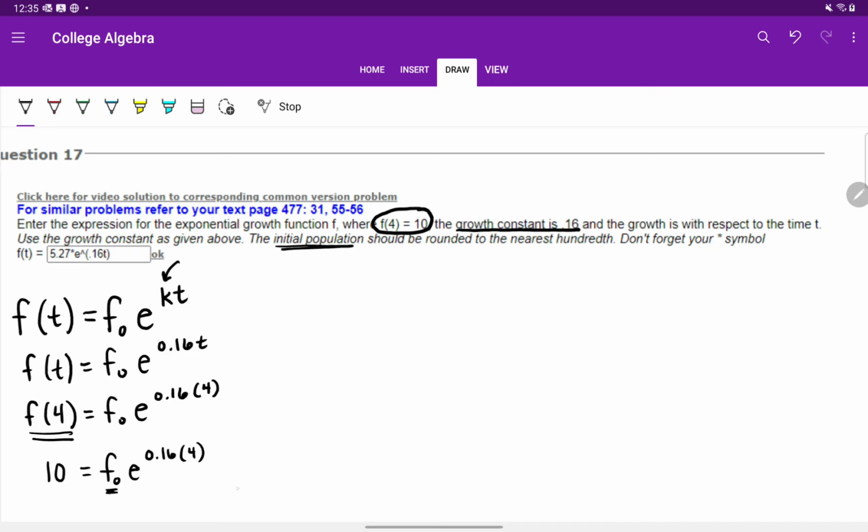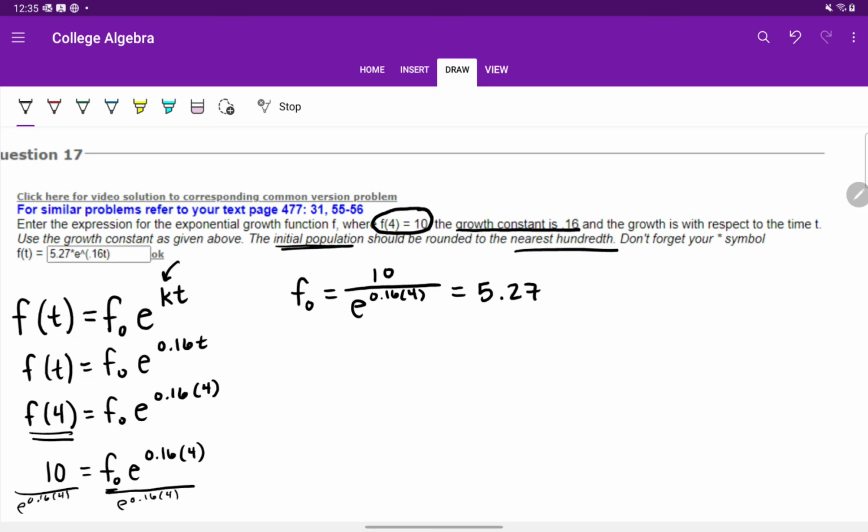So we're going to divide both sides by e to the 0.16 times 4. So we would end up with f naught equals 10 divided by whatever this is equal to. Plug that into your calculator. You should get something in the ballpark of 5.27 when you round it to the nearest hundredth.